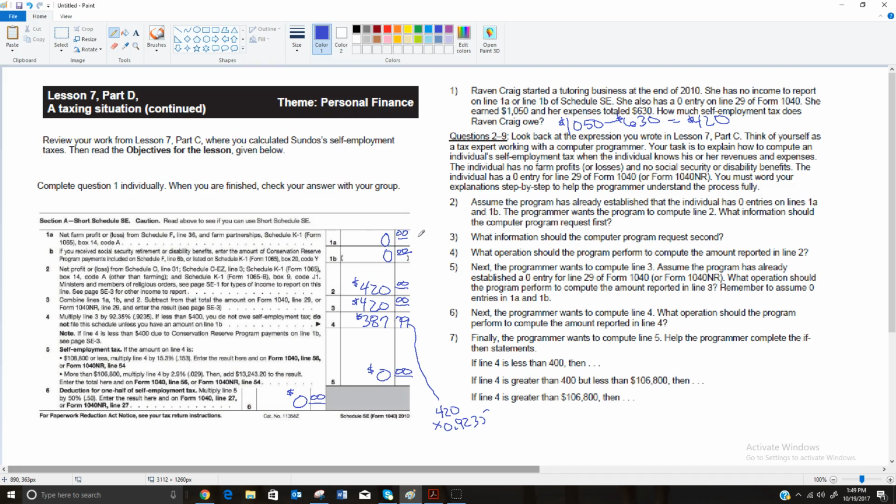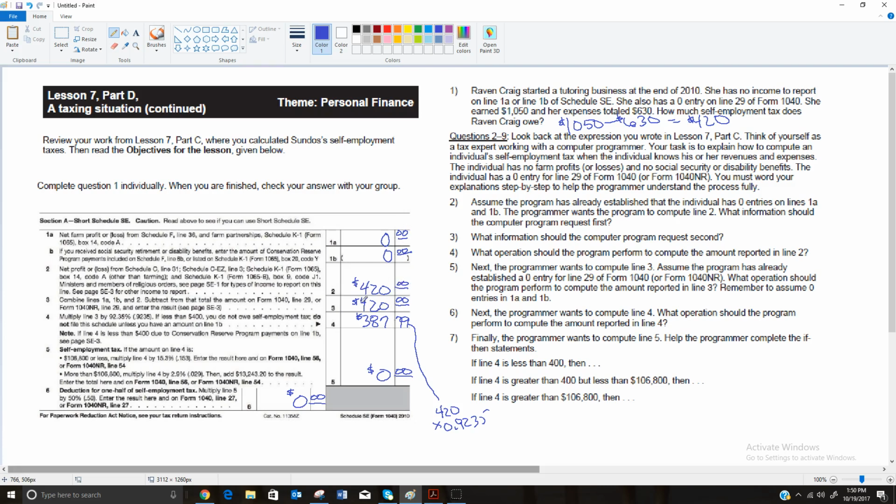So hopefully you have 0 for her farm profit and 0 for her Social Security, retirement, disability benefits. Hopefully you got this $420. The way I got that was from taking her $1,050 income and subtracting the $630 that she spent, so she only profited $420. So $420 is her profit.